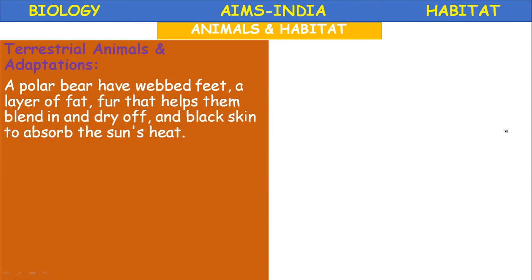And if you check the adaptations in the polar bear, a polar bear possesses webbed feet, a layer of fat, fur that helps them blend in and dry off, and black skin to absorb the sun's heat.